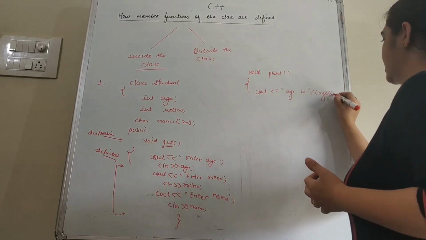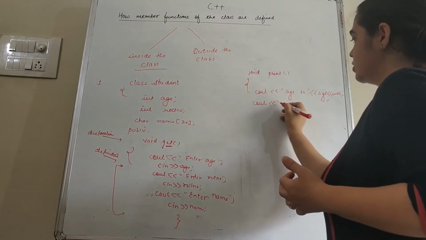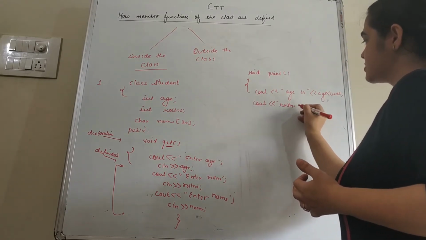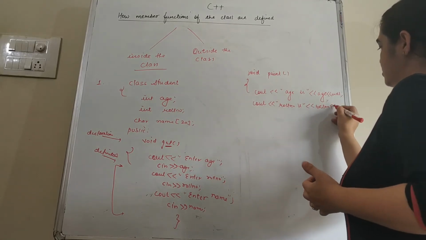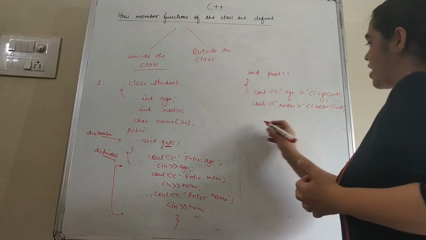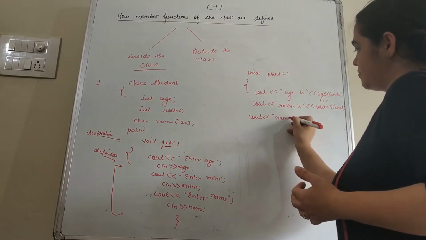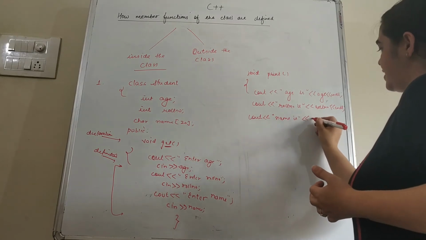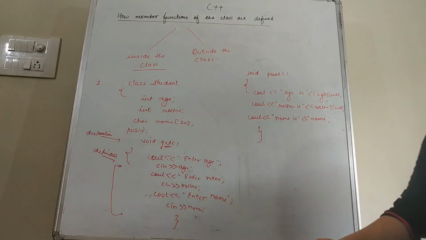After this, in next line we can print cout roll number is, and here we can print the roll number, and after that cout name is and name. So this is how we can close the second function.